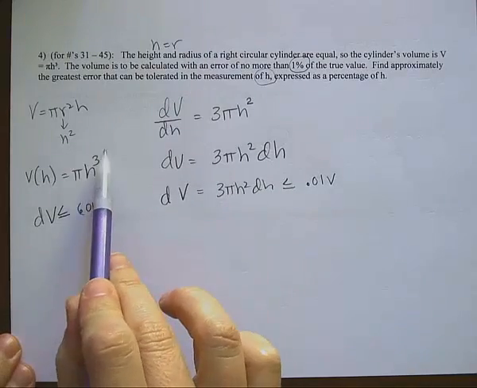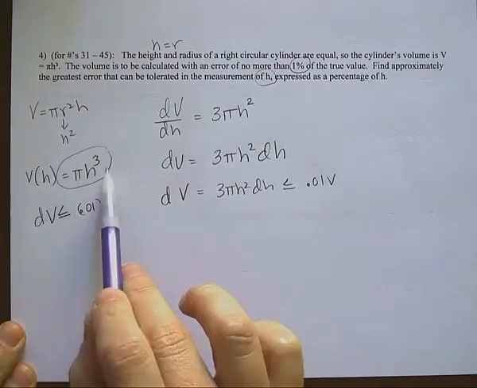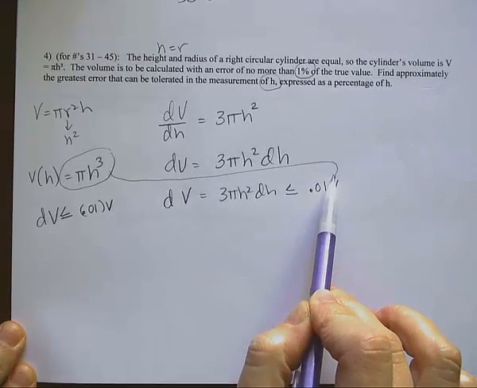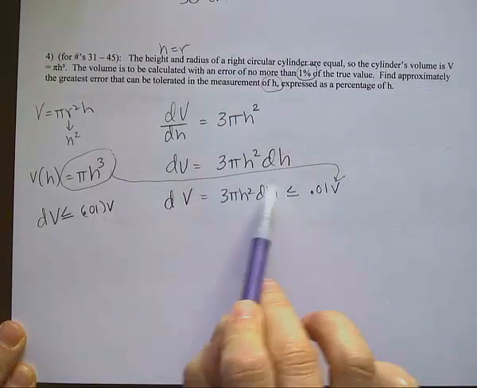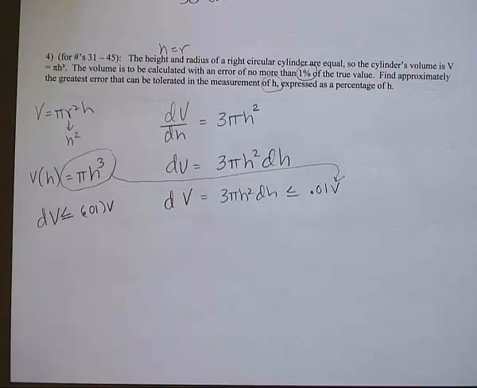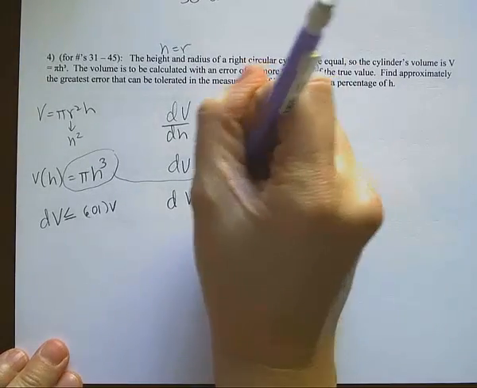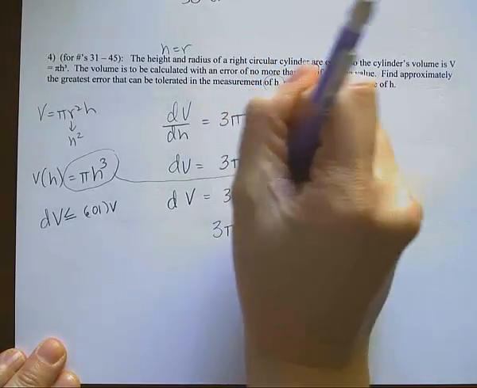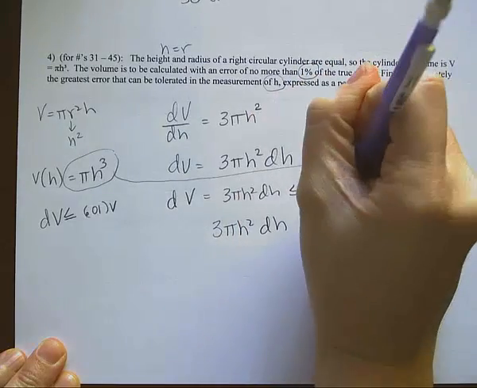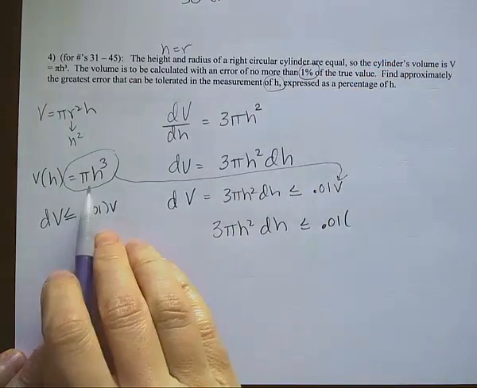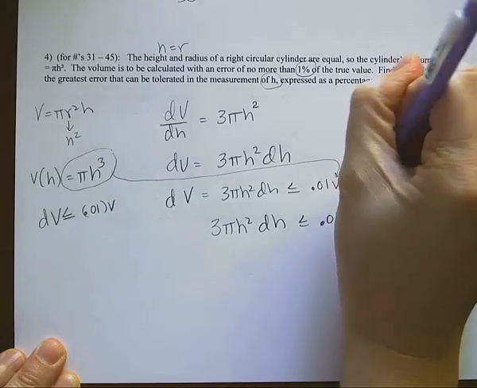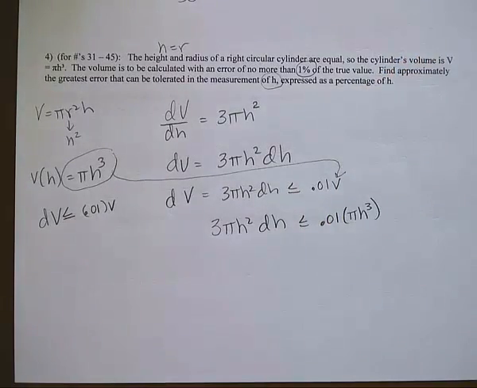And then I'm going to use this expression for v, so I can get things in terms of h here, because I need to ultimately find what dh is. So I'm going to say that 3 pi h squared dh has to stay less than or equal to 0.01 times the true value, which is pi h cubed. And then I'm going to solve for dh.